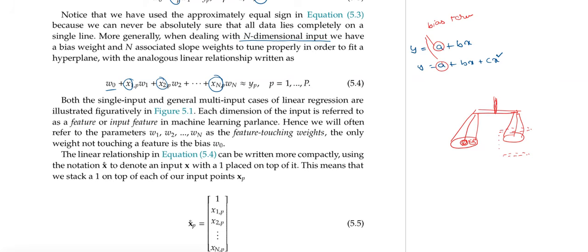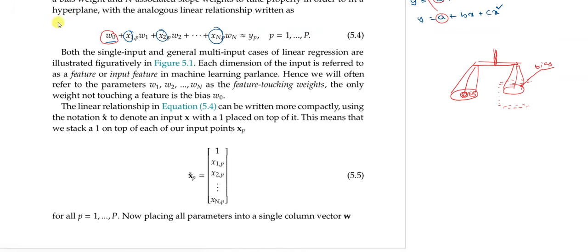To make this from here to here, I am adding something more. That something which you are adding is known as a bias term. In Telugu, that is known as kosaru. So the bias term is used for correction.